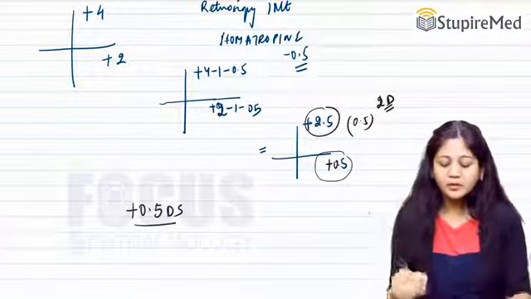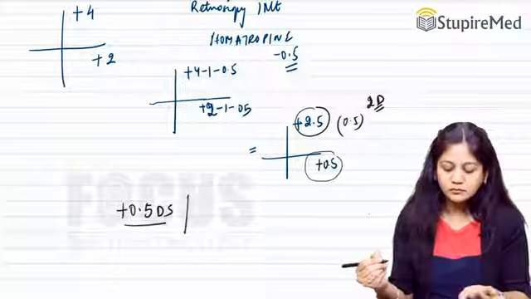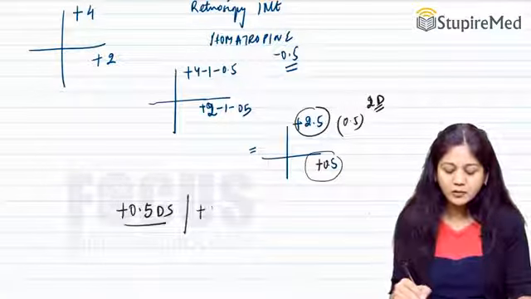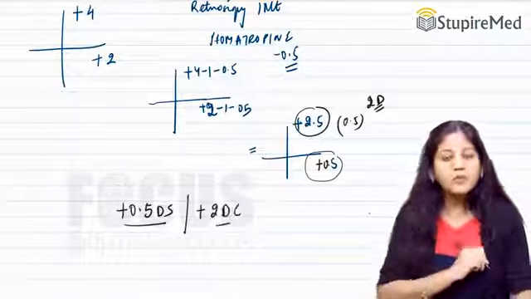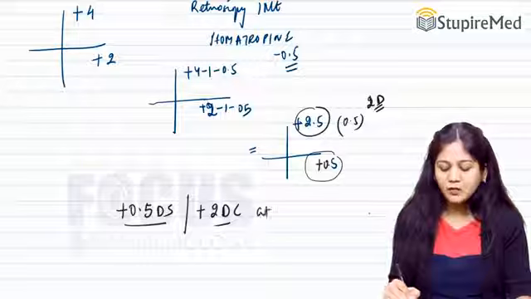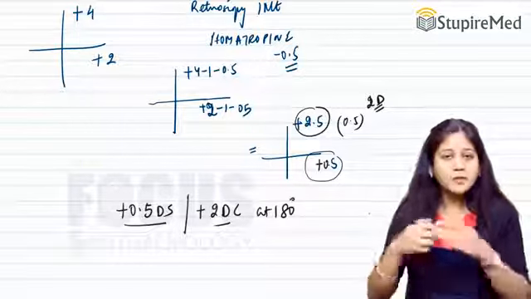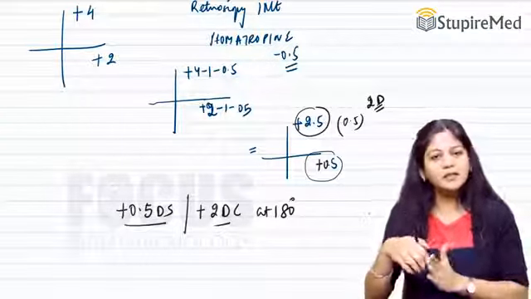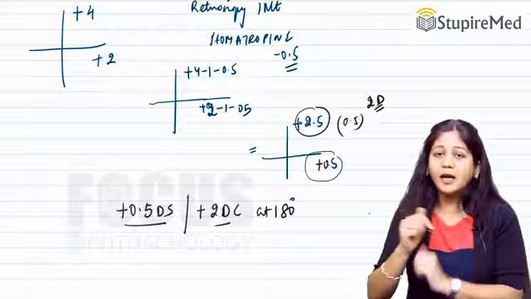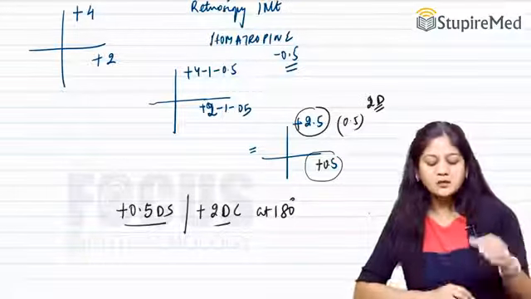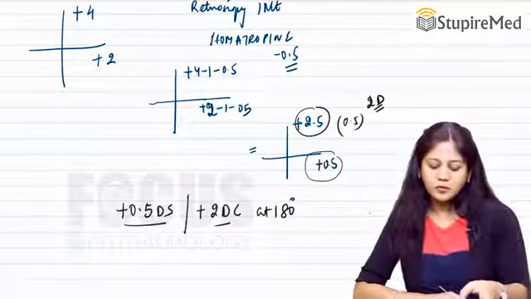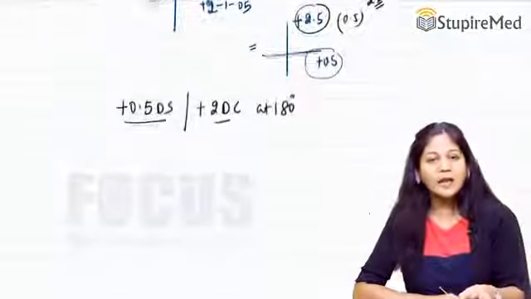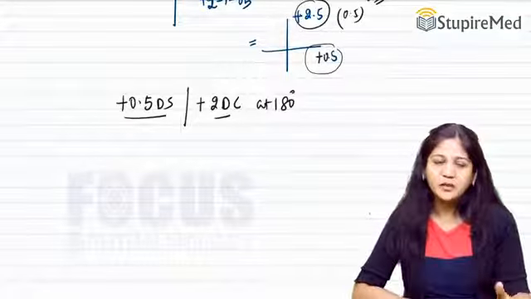This 2 diopters would be given in the form of a cylinder at 180 degrees. Because we want the cylinder to act at 90 degrees, that's why we are giving the cylinder at 180 degrees. This is how we can do retinoscopic corrections.